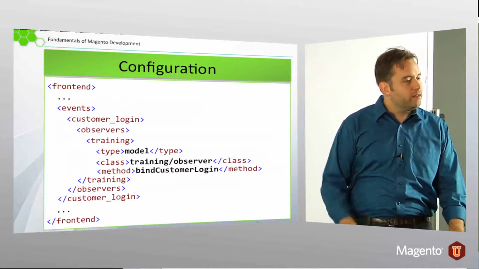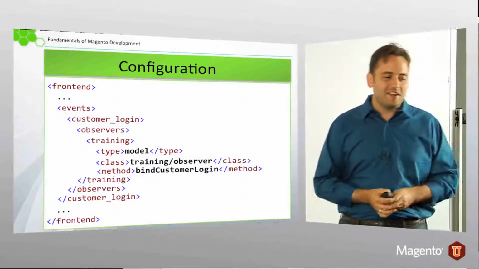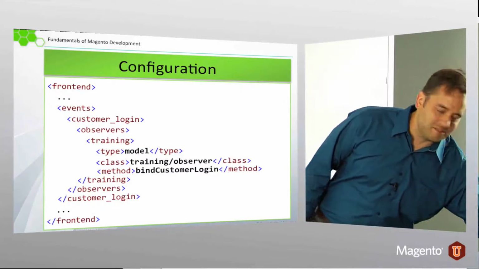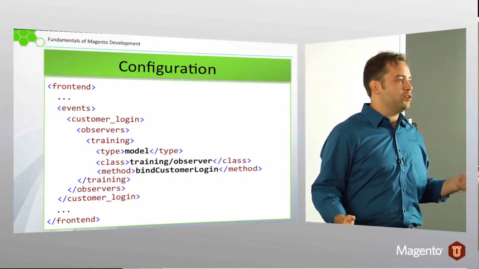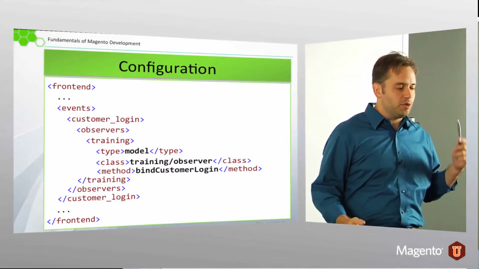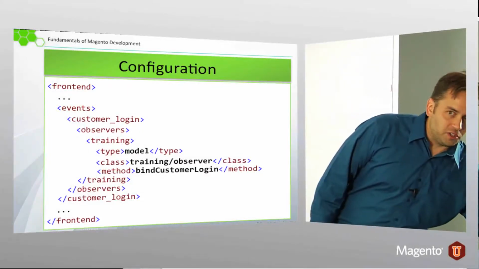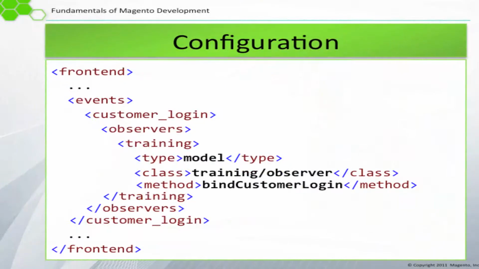Okay. Now that I've thrown about 15 different facets of observers at you, let's look at what really matters to you as a programmer and what you'll be doing. Anytime you want to do anything with an observer, you'll specify in your configuration an area, in this case frontend, and then inside it the events node.